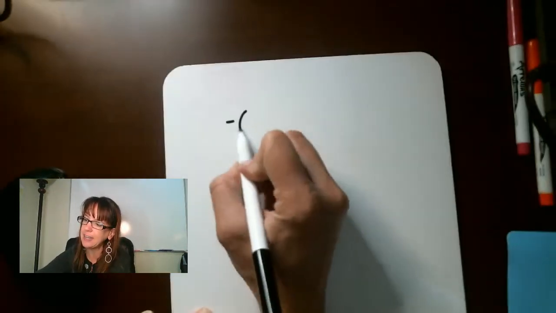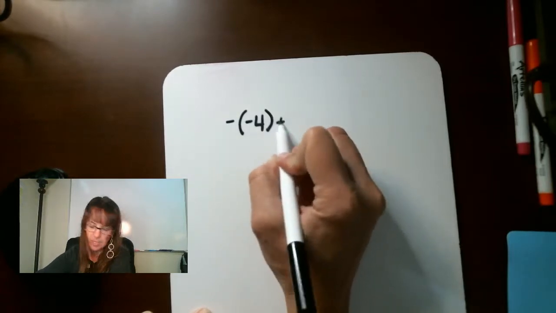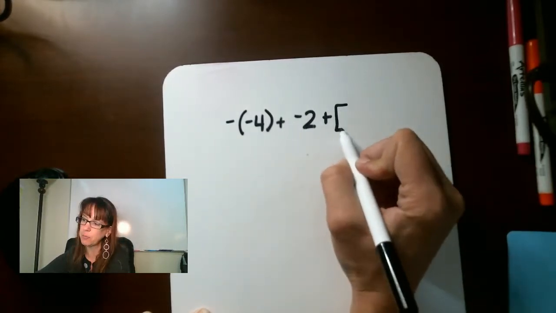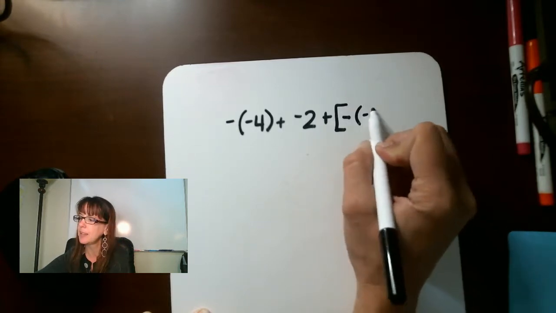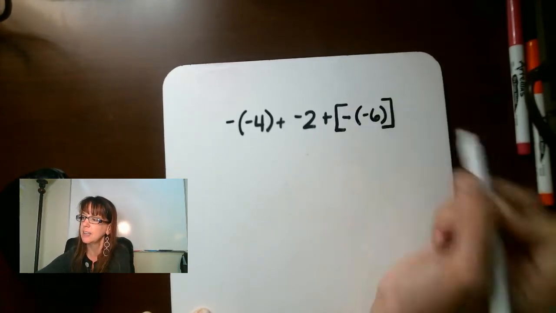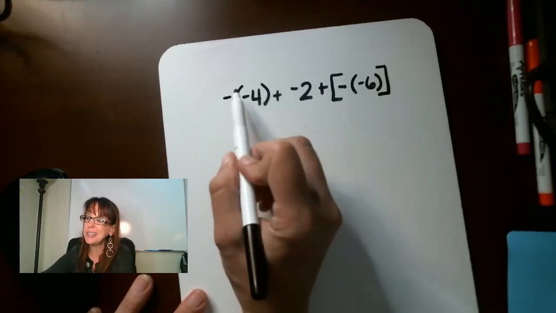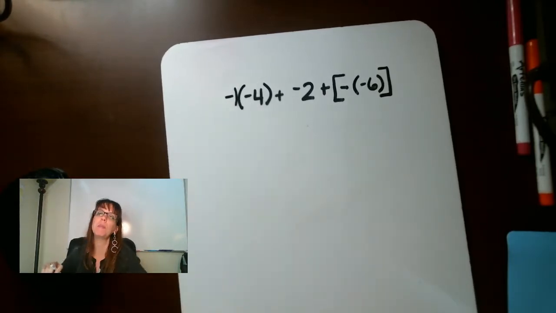The first one, complicated expressions, such as this guy, -4 plus -2 plus, and we got some brackets here to show that, -6. Okay, first things first, there's actually a 1 here, and I've said this before, but mathematicians, we're lazy, right? We don't like to write things unless we absolutely have to.